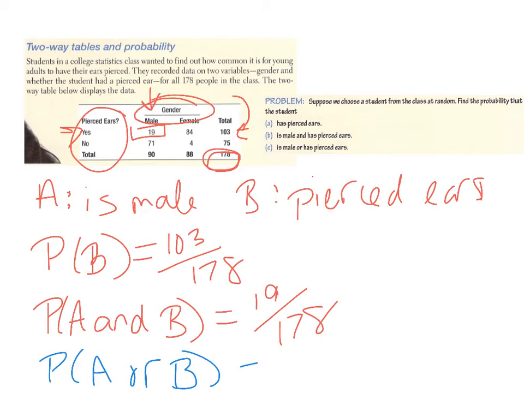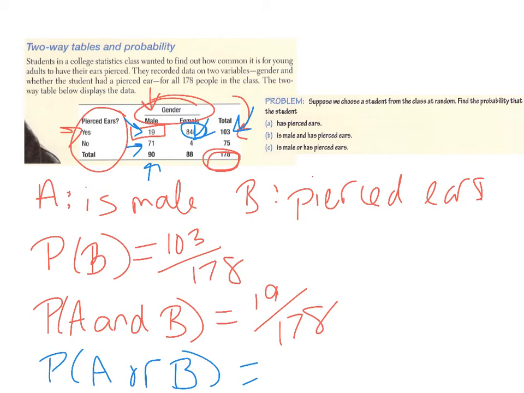I'm looking at these males that have pierced ears, these males that don't have pierced ears, and these females, the 84 females that have pierced ears. I need to make sure I don't count those 19 males that have pierced ears twice. I cannot just do my 103 plus my 90, because these events are not mutually exclusive. I would be counting those 19 males that have pierced ears twice.